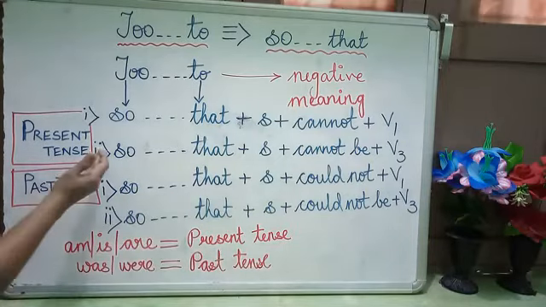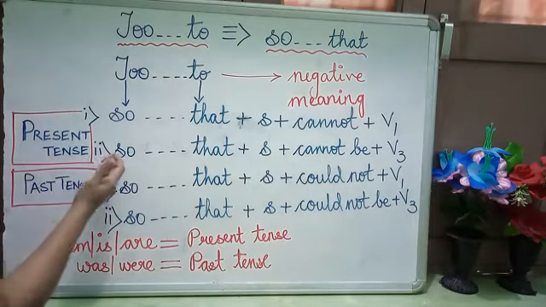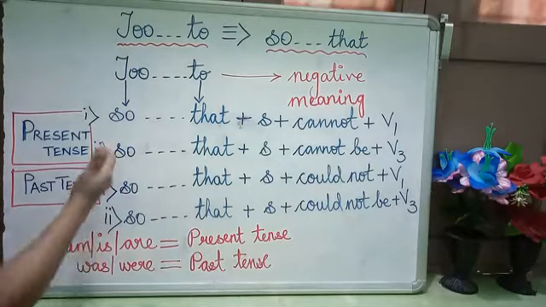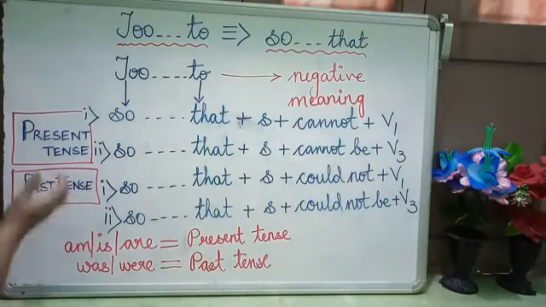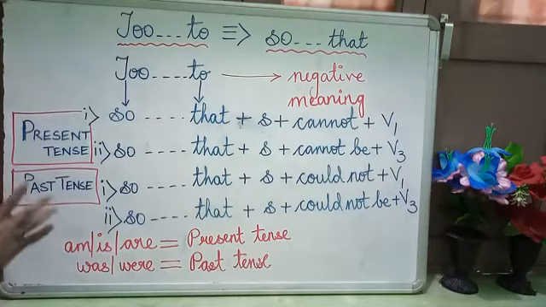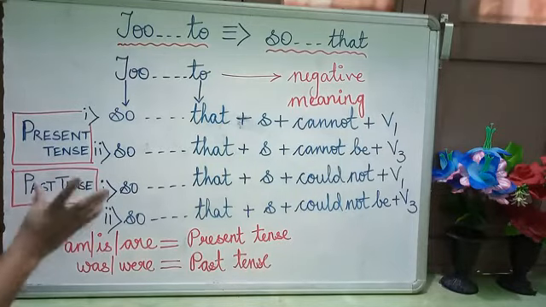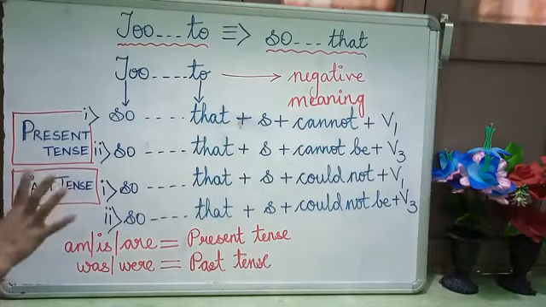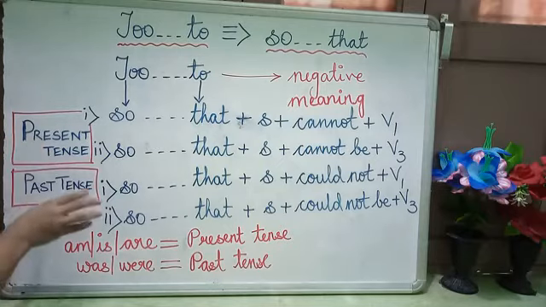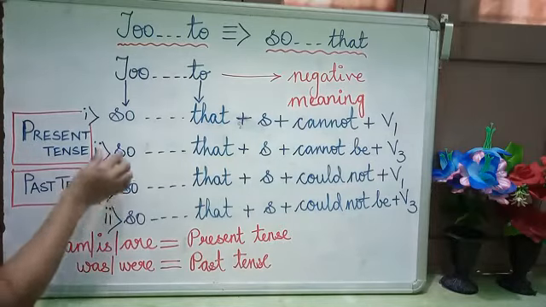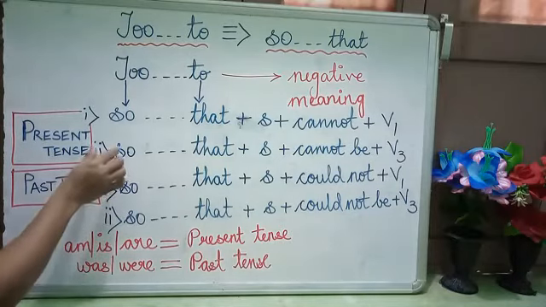Now the second rule, let us see. In the present tense there is a second rule, in the past tense also there is a second rule. Why have I written the second rule for every tense? Because if the subject is not a person, if the subject is a thing like food, dress, a toy, whatever it is, the cat, if it is the name of a thing, or if the subject is an animal, you will use this second rule.